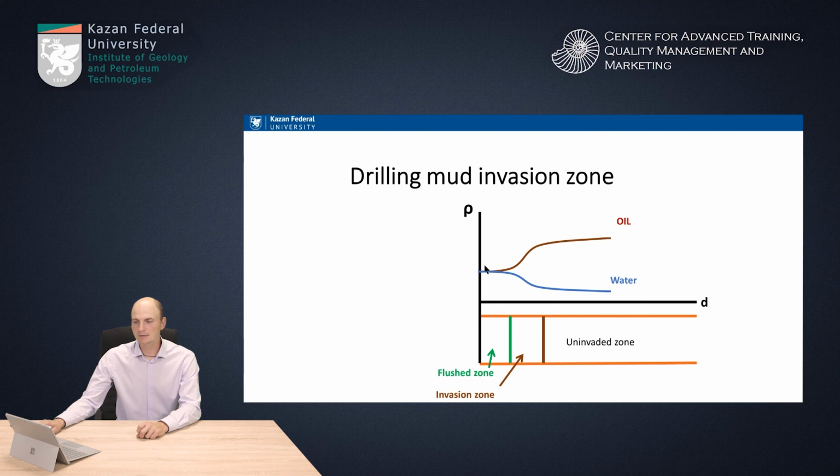If we measure the shallow resistivity and the deep resistivity, and the deep resistivity is higher than the shallow resistivity, we can find out that it's hydrocarbon. If the deep resistivity shows lower readings than the shallow resistivity, we're gonna have water in the formation.